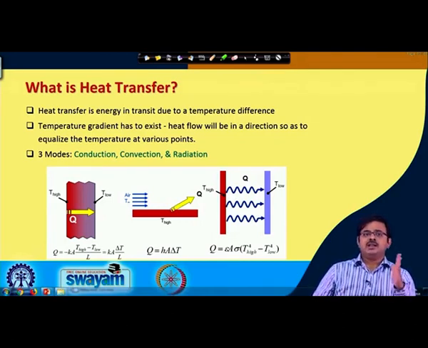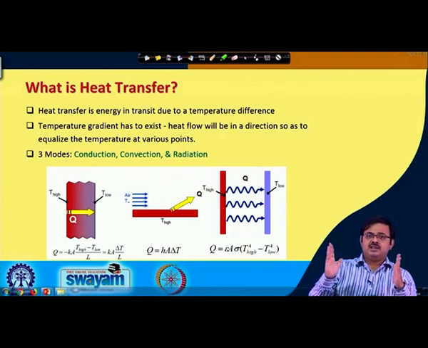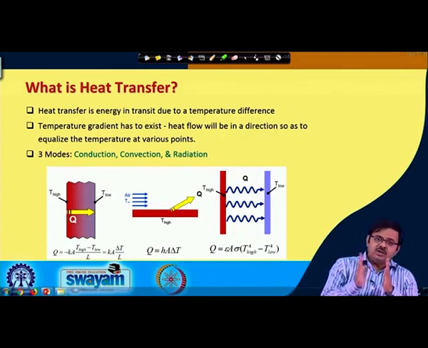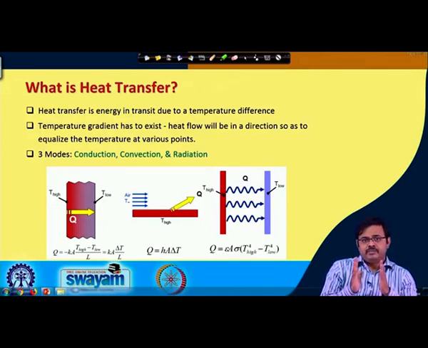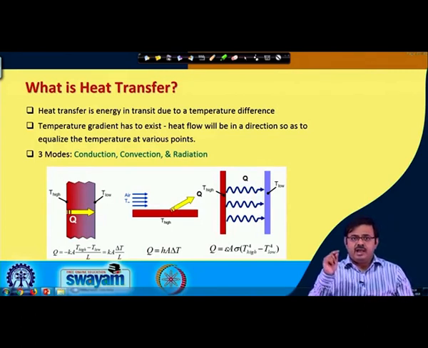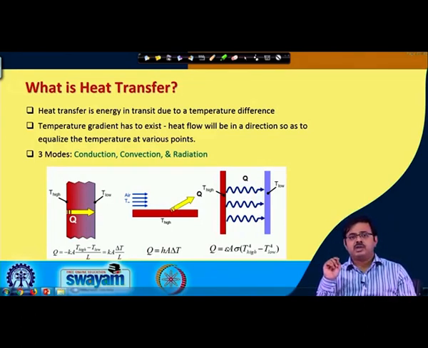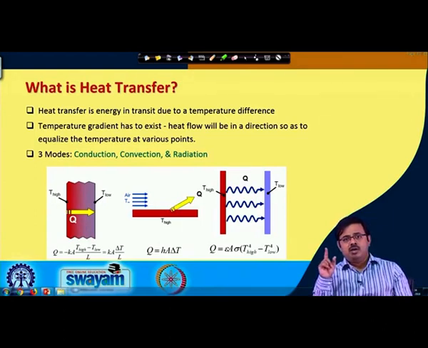Now, similarly, if you have another surface which is at a different temperature, that also emits radiation, and that emitted radiation is going to be proportional to the fourth power of the absolute temperature of this second surface.